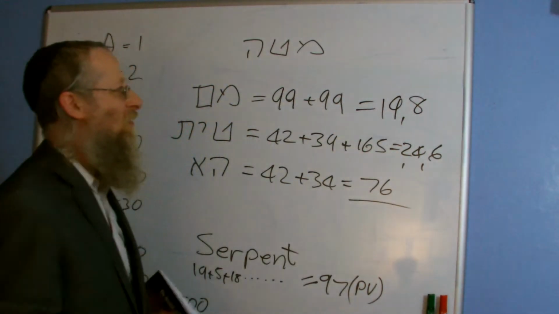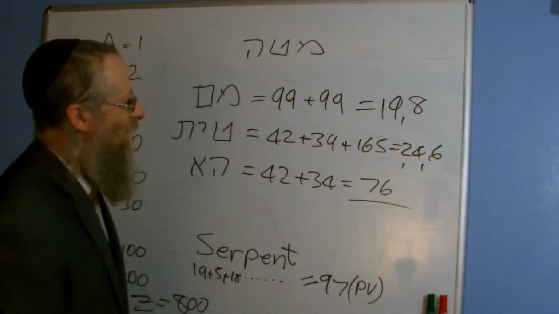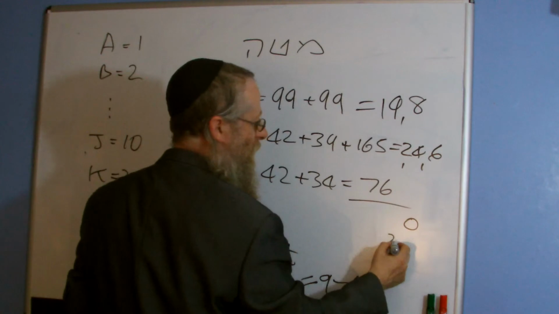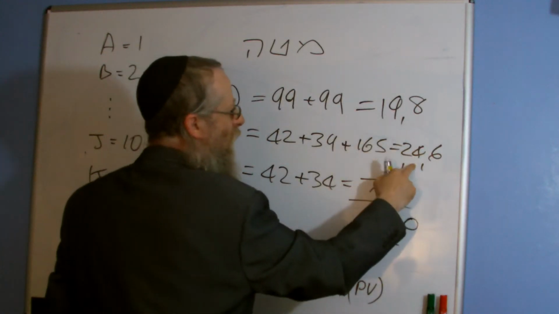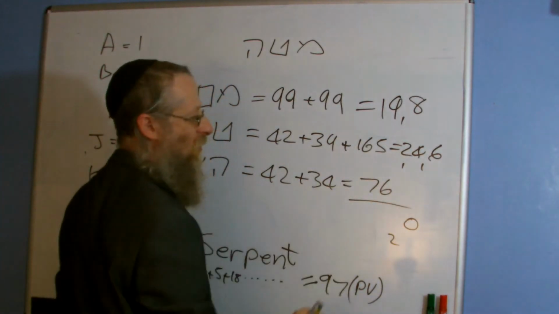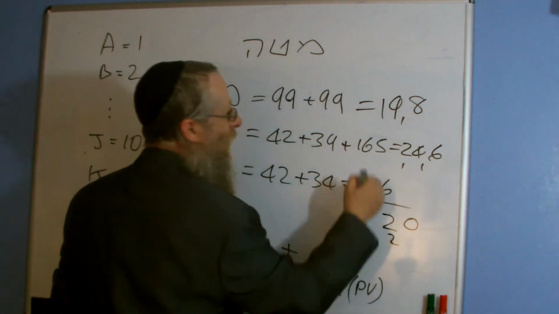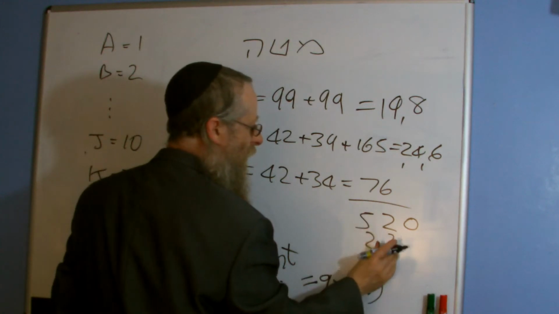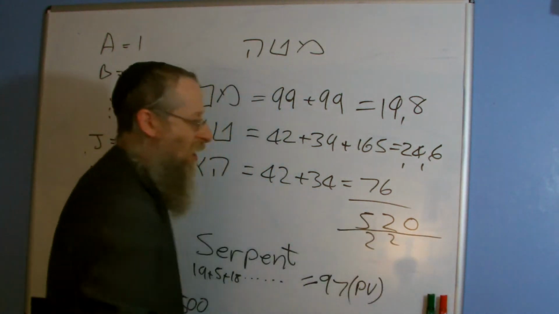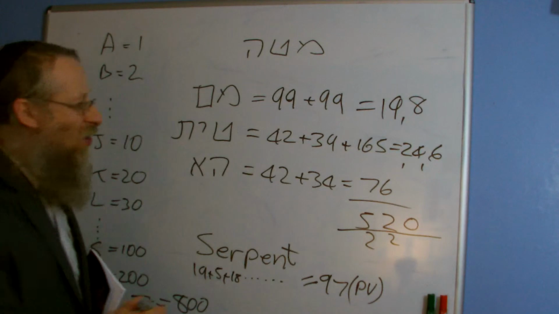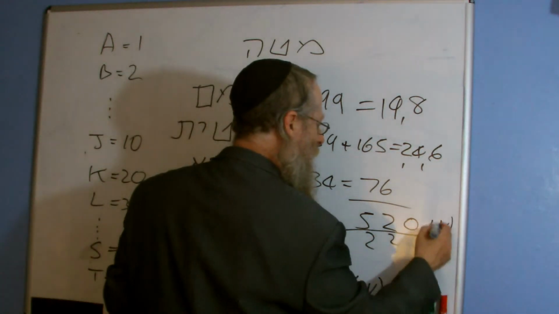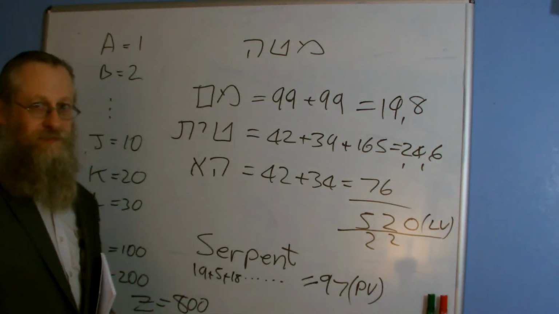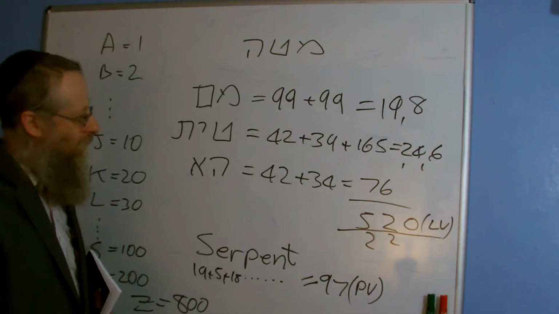Right, now I've got the three numbers. Okay, add that to that. That's wrong somewhere. So we've got 8, we've got 6 and 6 is 12, plus 8 is 20, 2 down. 9 and 4 is 13, plus 7 is 22. And then we've got 1 plus 2 is 3, 4, 5. So now I've got 520 to be the large value of Mem Tet He, Matter, the staff of Moses.